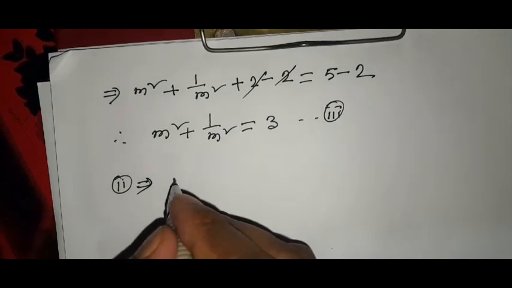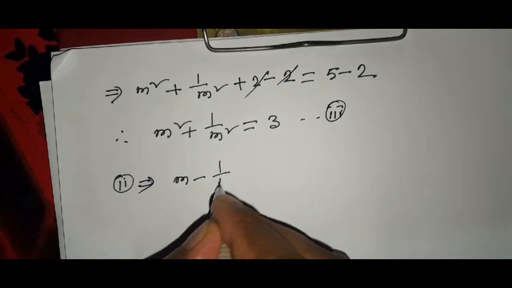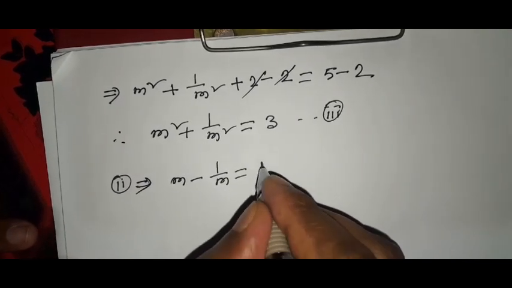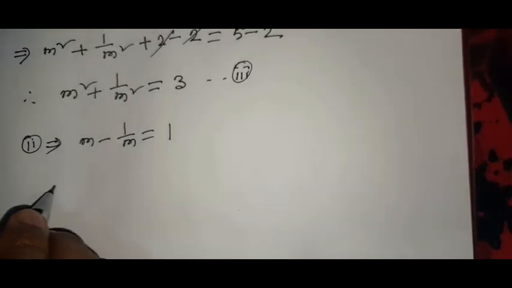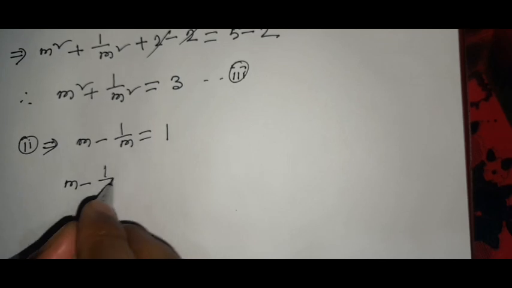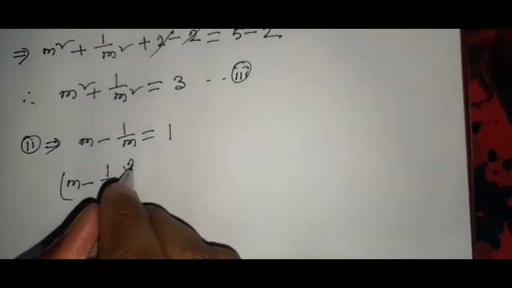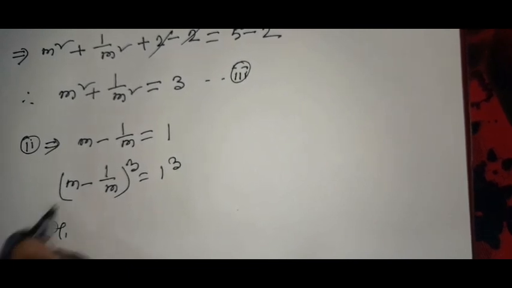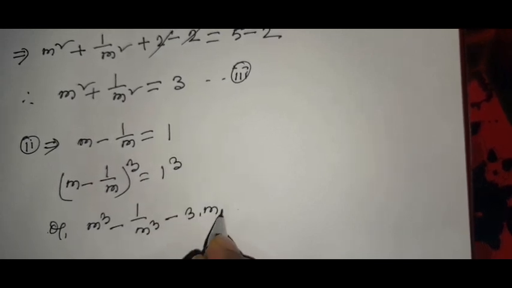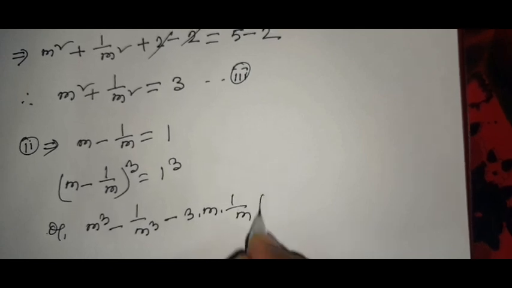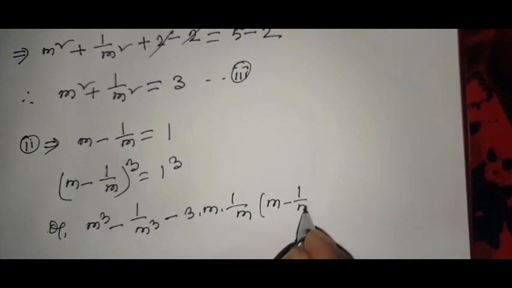And now we can write from 2: m − 1/m is equal to 1. Cube both sides of this equation. (m − 1/m)³ is equal to 1³, or m³ − 1/m³ − 3 × m × 1/m × (m − 1/m) is equal to 1.